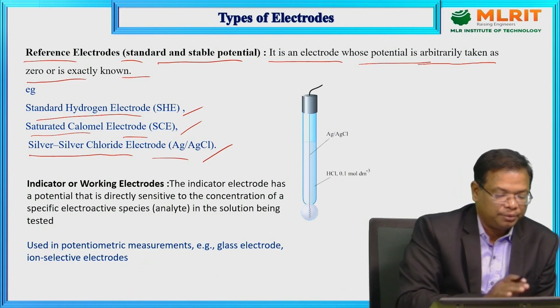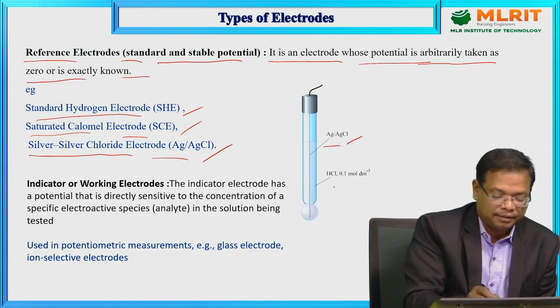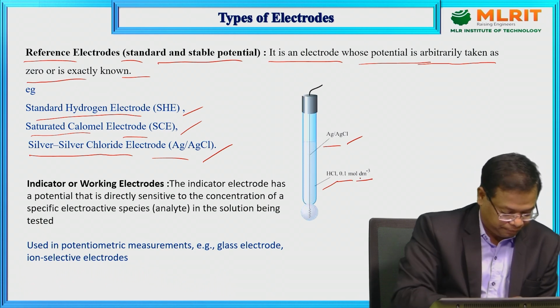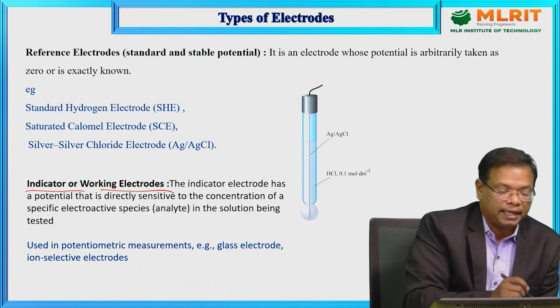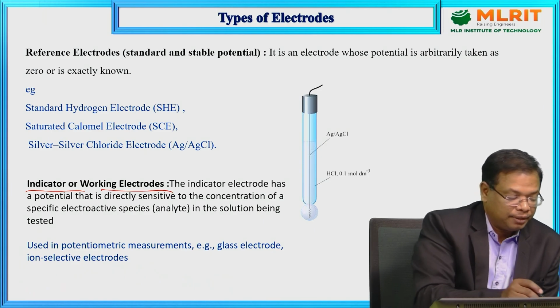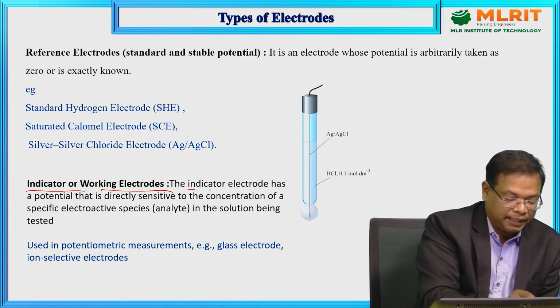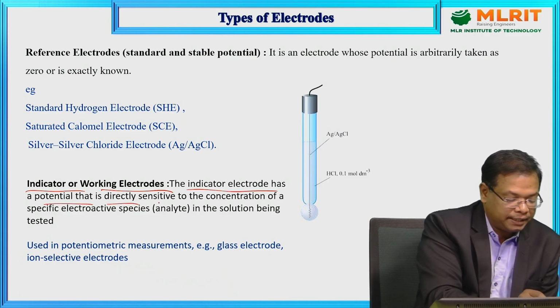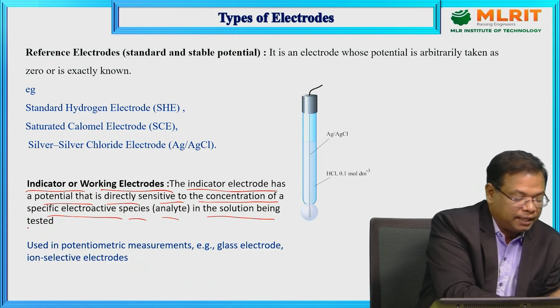So what are the uses of these electrodes? For the AgCl electrode, the solution is 0.1 molar HCl. Indicator or working electrodes: by taking the standard electrodes, we will use an indicator electrode or working electrode. The indicator electrode has a potential that is directly sensitive to the concentration of the specific electroactive species, the analyte, in the solution being tested.